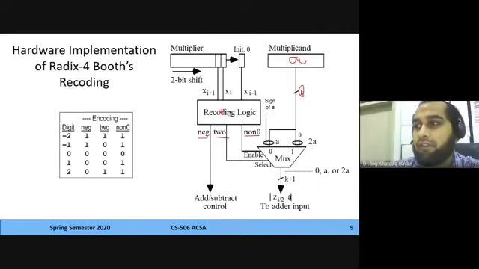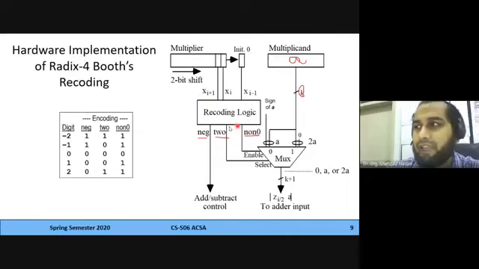All these control signals enable the multiplexer to generate either 0A or 2A, and the negate control signal controls the adder, whether you need to add or subtract. You subtract only when you have a negative value, which means only for these two values this control signal should be 1, otherwise it should be 0, right?